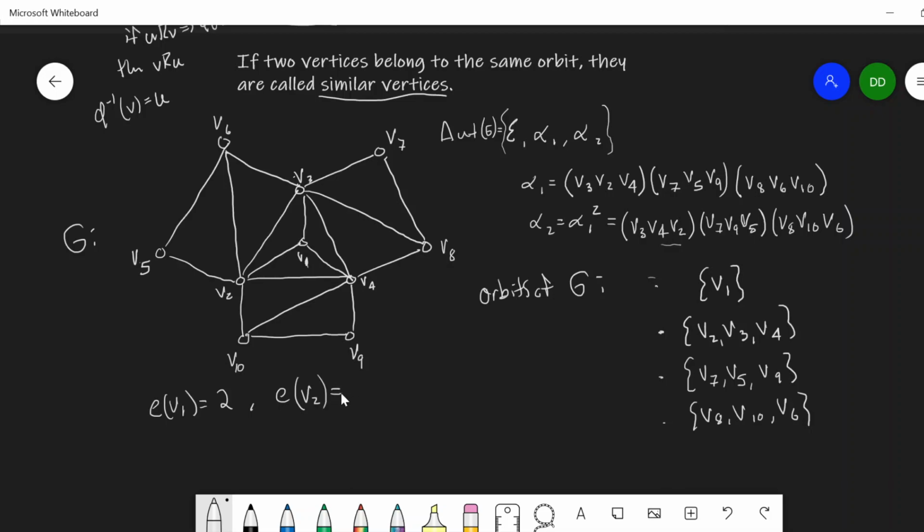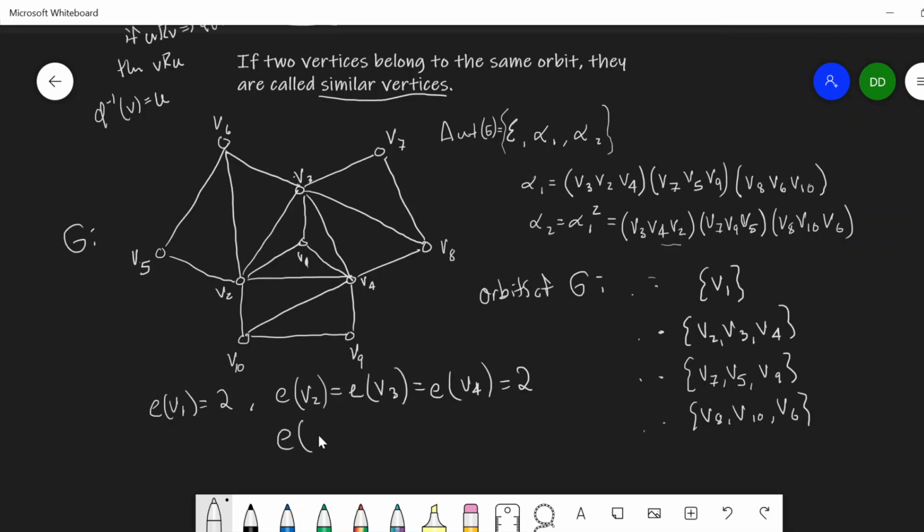And what's cool is that since V2 is similar to V3 and similar to V4, since we know there's an automorphism sending V2 to either of those, that means they all have the same eccentricity. We don't have to do any more computation there except with just one vertex. So it reduces the problem of finding the eccentricity of every vertex from 10 vertices down to just 4, one for each of the orbits.